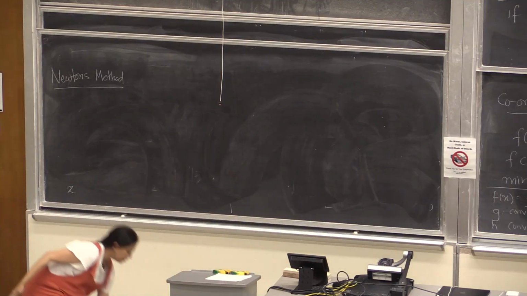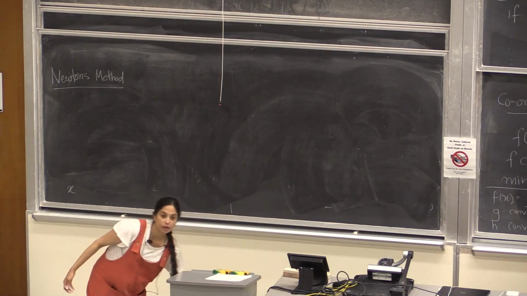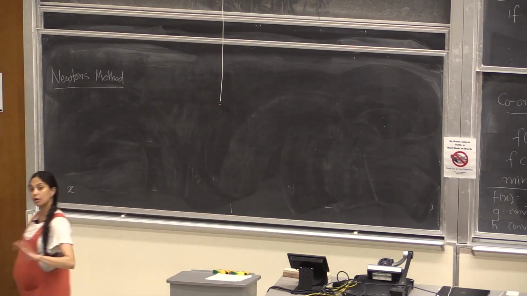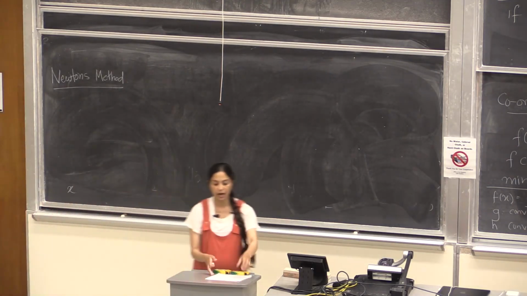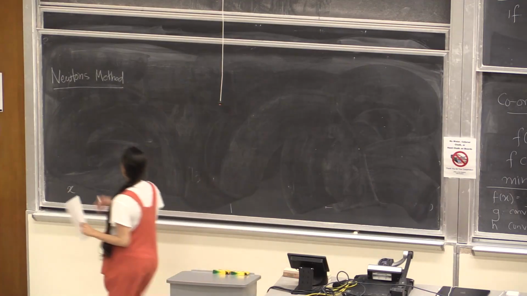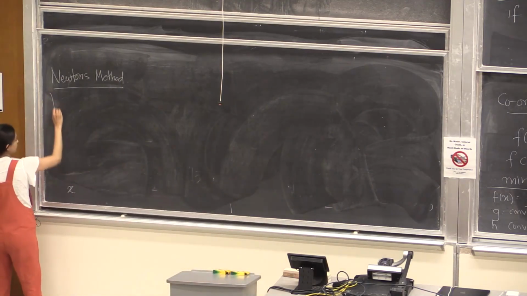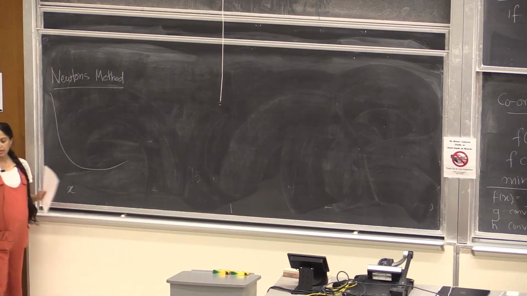What Newton's method does is a different way of doing this. But now instead of using just the first order properties, it's using second order ones. So it's going to use the Hessian. And the key idea is that, let's say I have some function that I'm trying to minimize.